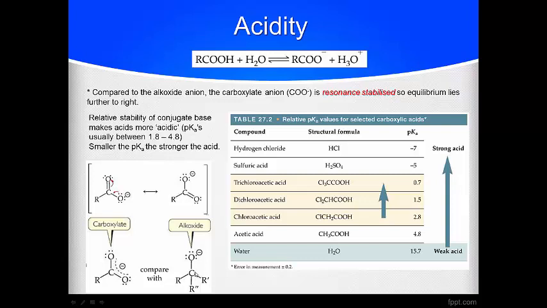So with an alkoxide that we've talked about in the past, there's no resonance stabilization because that negative charge can only go on that oxygen. It's not going to get passed onto one of the carbons that are surrounding it. So our carboxylate is a lot more stable, so the equilibrium lies towards the formation of the carboxylate anion.